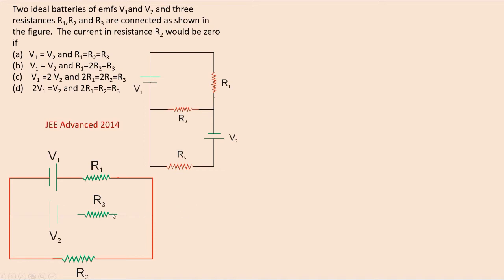Now you can draw the equivalent circuit. See here, this is a single cell which could replace these two cells. This is the single resistance which is equivalent to these two resistances in this combination. Now what is required? Current through this R2 has to be 0, but there is an expression for current. You consider this circuit, there is an expression for current.